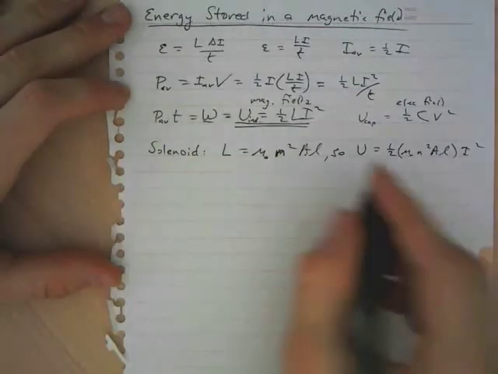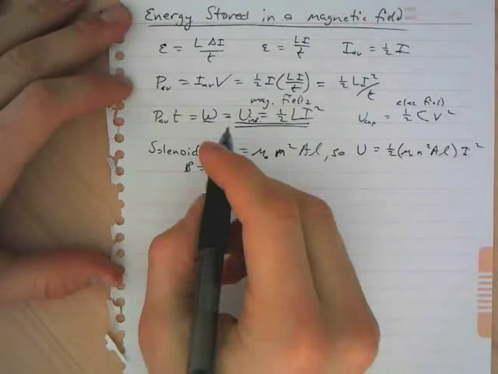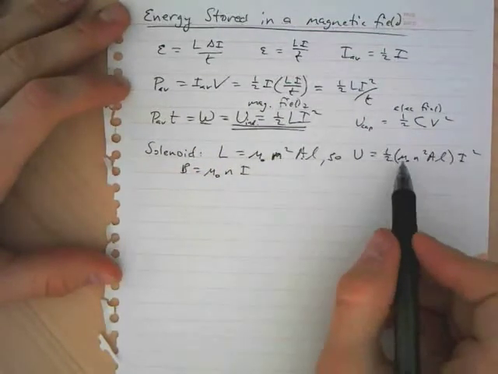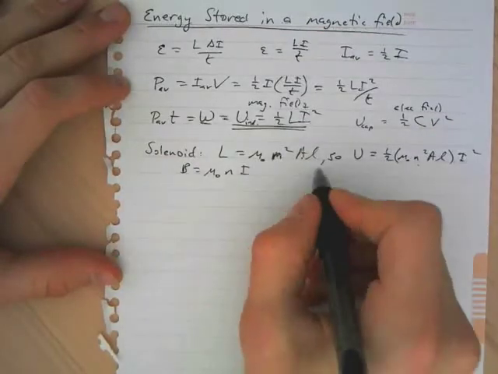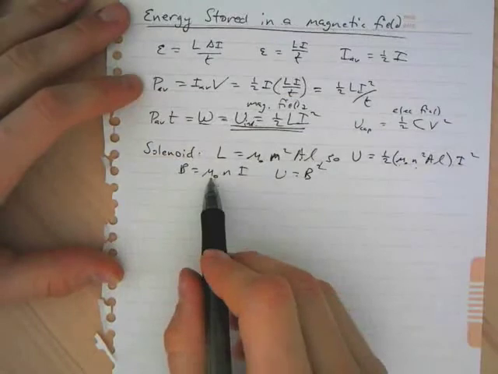Okay, well, that doesn't look all that helpful, but if we recall that the B field of a solenoid is mu naught n I, we can write this as the B field squared, which would be mu naught squared n squared I squared.